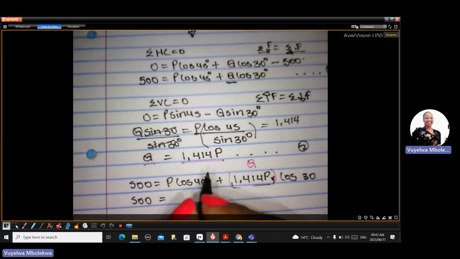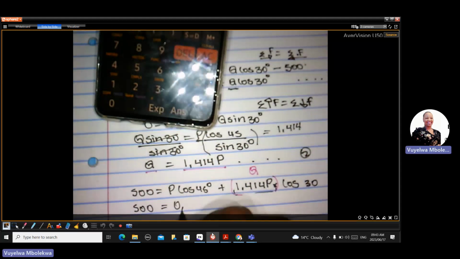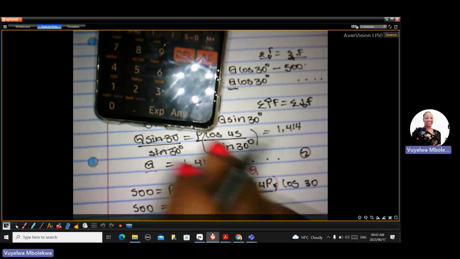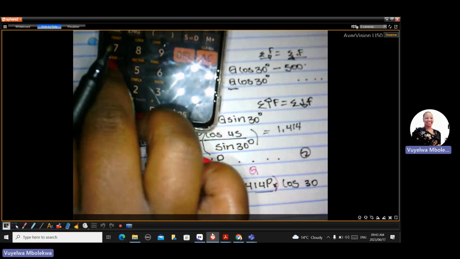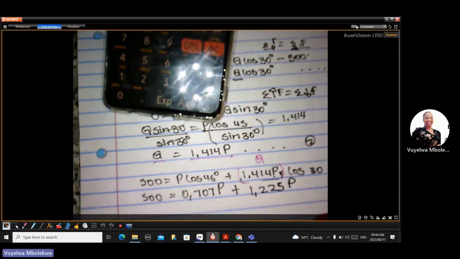500 equals P times, what is cos 45? 0.707 P plus, what is 1.414 times cos 30? 1.414 times cos 30 gives us 1.225 P. Okay.